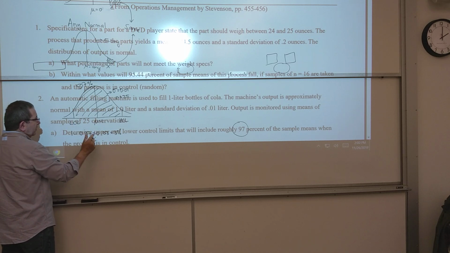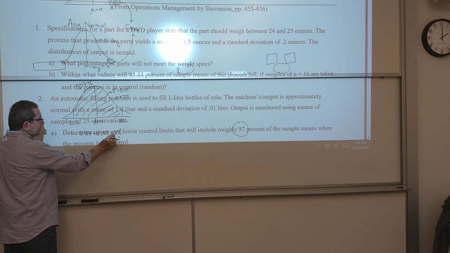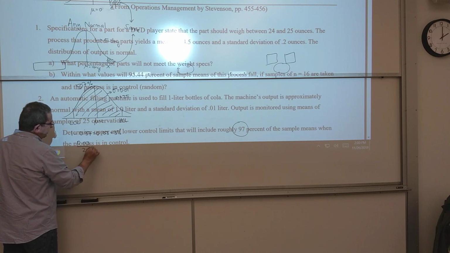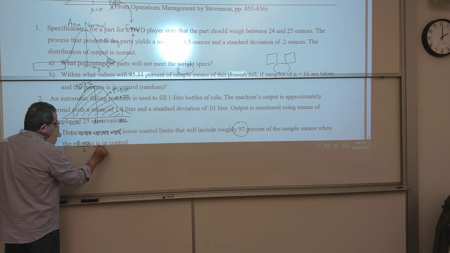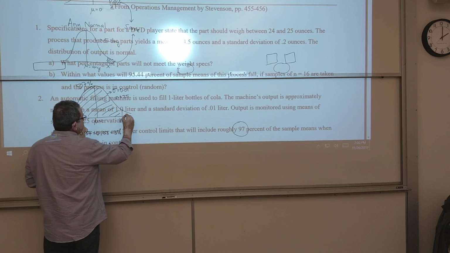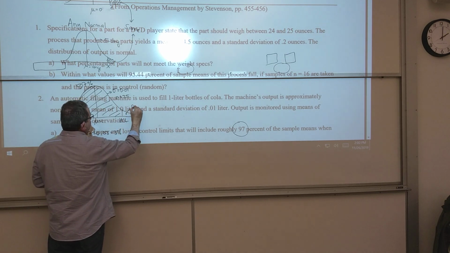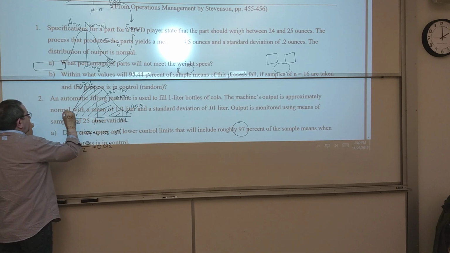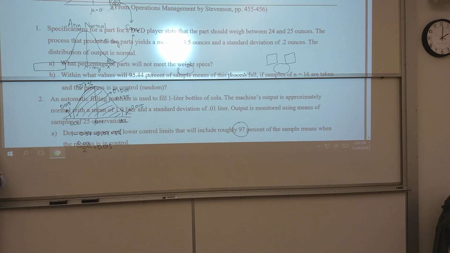And each tail will have half of this. So 0.03 divided by 2 is going to be 0.015. Okay? So this tail probability will be 0.015. This tail probability will be 0.015. Okay?